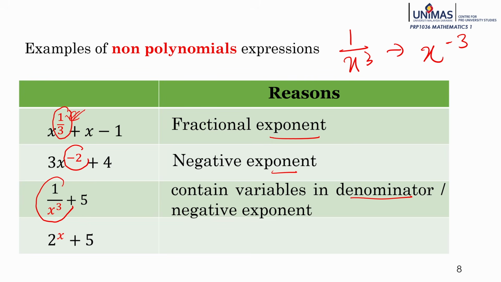So that means here is a negative exponent. Okay, the last one has the variable as the exponent, so also cannot. Variable exponent. So this is the reason why this expression is non-polynomial.